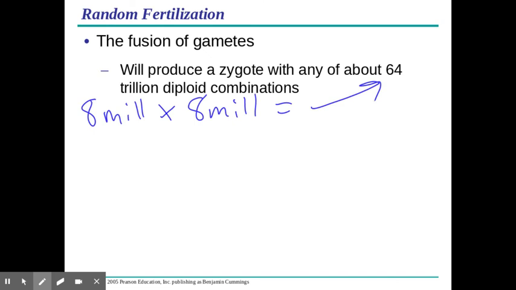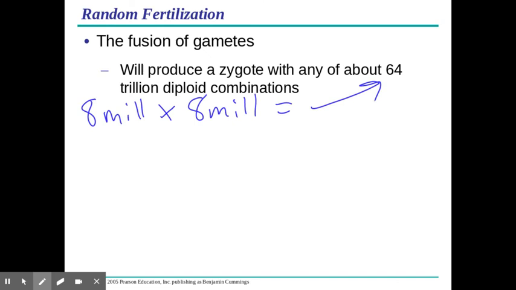And that's before even accounting for crossing over. So in other words, it's darn near impossible for two humans to look exactly alike, because there are over 64 trillion different combinations.